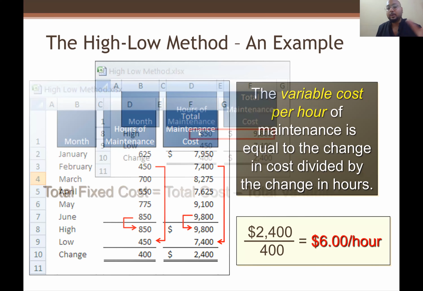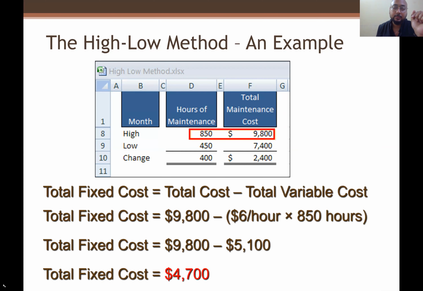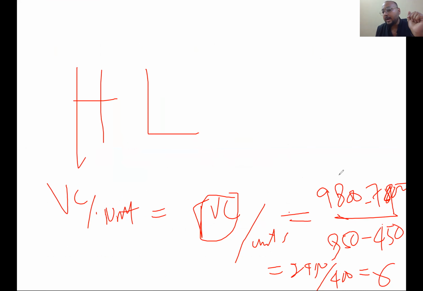So we know that the total cost, which is a mixed cost, is equal to, okay, let me solve it here so it would be easy for you. You can take either of the cost and their variable units. Let me clear all this mess here.